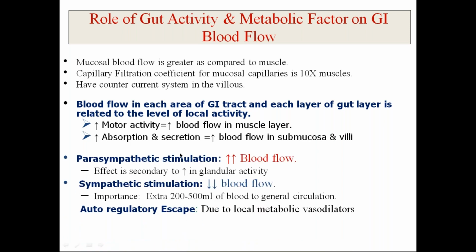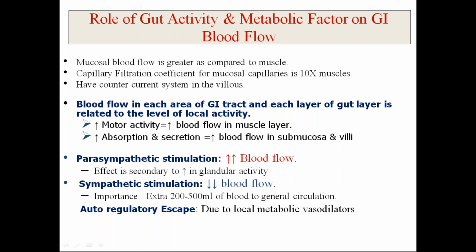Again, parasympathetic stimulation increases the blood flow, which is secondary to increase in the glandular activity. Sympathetic stimulation decreases the blood flow, and in case the vital organs require more blood, it would be taken away from the splanchnic circulation and provided to the vital organs of the body, that is your brain, the heart, the kidney.